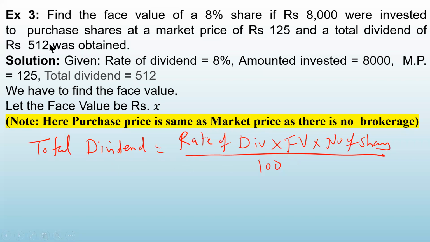Total dividend is given as 512. Rate of dividend is also given as 8. Face value is not given; we have to find it, so we are calling it x. Number of shares, are you given it here? No.